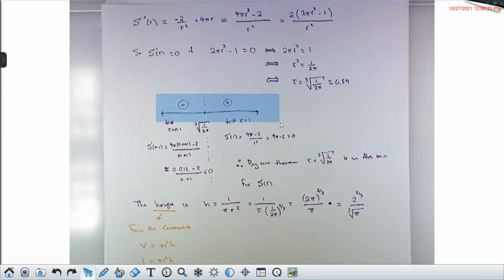And I need this number line to check that I indeed found an absolute min rather than, say, a local max. It's an absolute min for the function S, and we found it by setting S prime equal to 0. That's the idea. So S prime, remember, this is the number line for our derivative.